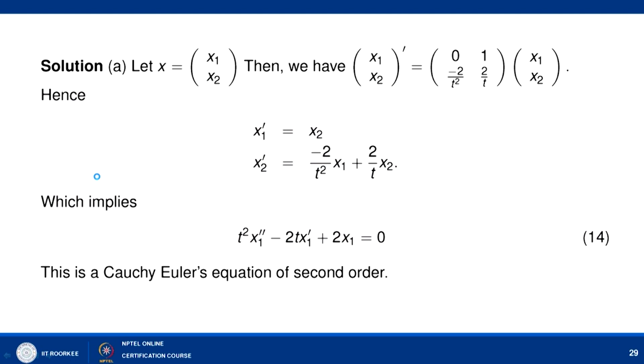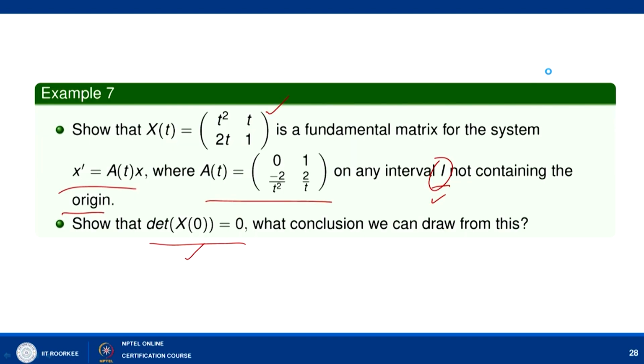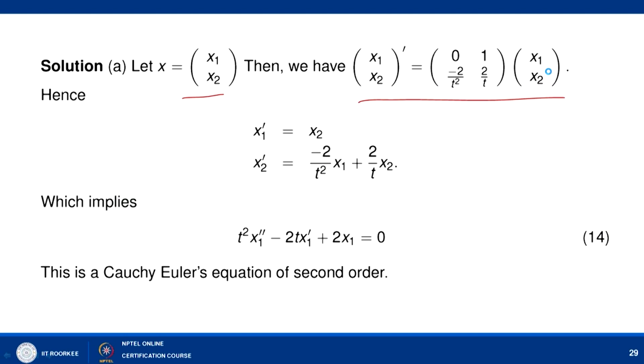Let x equal to (x₁, x₂), and we can write down our system of linear equations in the form x' = A(t)x. Since we have not discussed, and in fact it is very difficult to handle, the non-autonomous case, in this particular case we can find two linearly independent solutions by converting this into a second order linear differential equation.